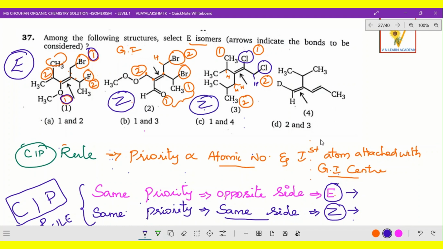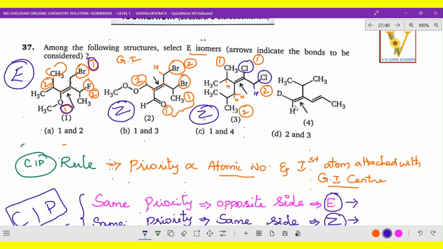Come on, the last one, we will check whether it is E or Z finally. So this is Gi, the arrow mark only. Two double bonds are there, but the arrow mark is given here only. So let us check. This one is carbon which is connected with another carbon CH3, whereas here this is Gi. No, this is connected with the double bond, so double bond with CH3.